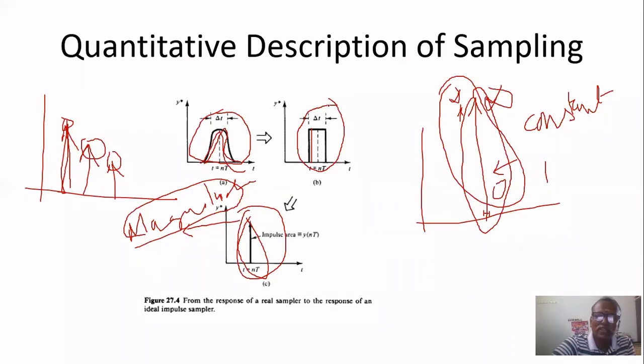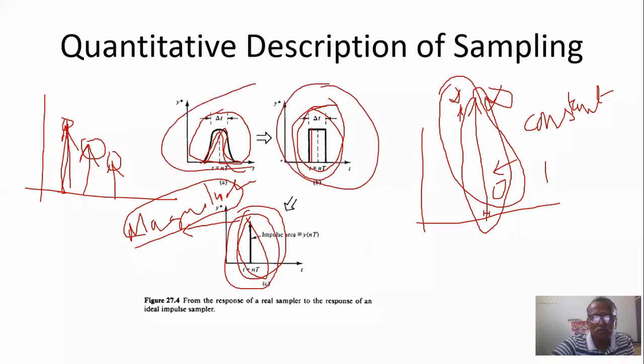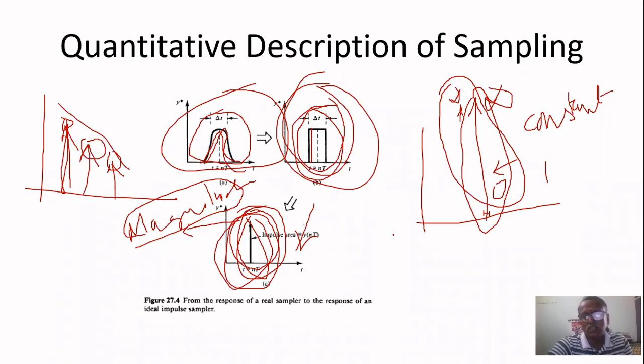But if you assume it as a triangular signal, and if you make delta t tends to 0, then you will get an impulse. This is the practical impulse pulse approximated to a rectangular pulse. If you make delta t tends to 0, this is the theoretical impulse. But while finding the mathematical model, we are assuming this is the impulse signal whose energy content is equal to the magnitude of the signal. That way we are assuming.